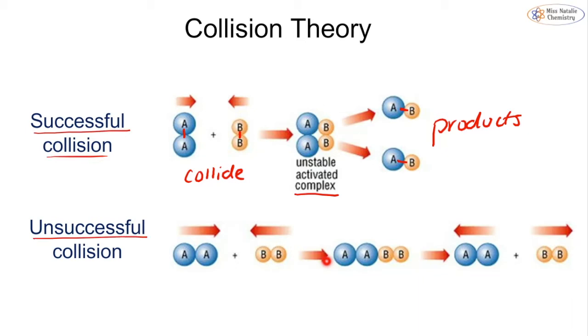An unsuccessful collision is when A and B are going to hit each other. They do not hit with enough energy. So what happens is they just harmlessly bounce off of each other and they do not form any products.